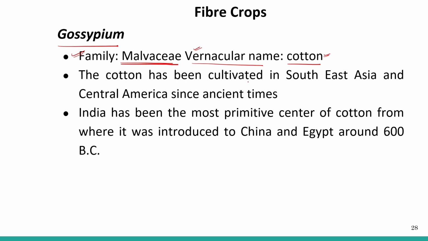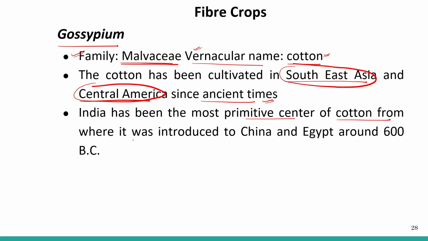Cotton has been cultivated in Southeast Asia and Central America since ancient times. India has been the most primitive center for cotton, from where it was introduced to China and Egypt around 600 BC.